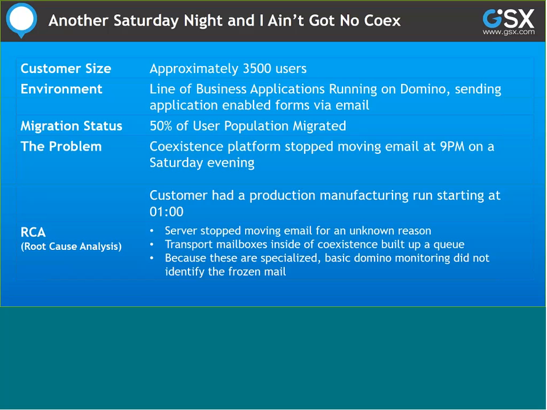As we dug into this particular case, we actually never really figured out why mail stopped moving. It wasn't caught because the coexistence packages have their own places where they can queue or hold mail, and it was not inside of a standard Domino mail.box, so it was not inside of a standard transport queue.